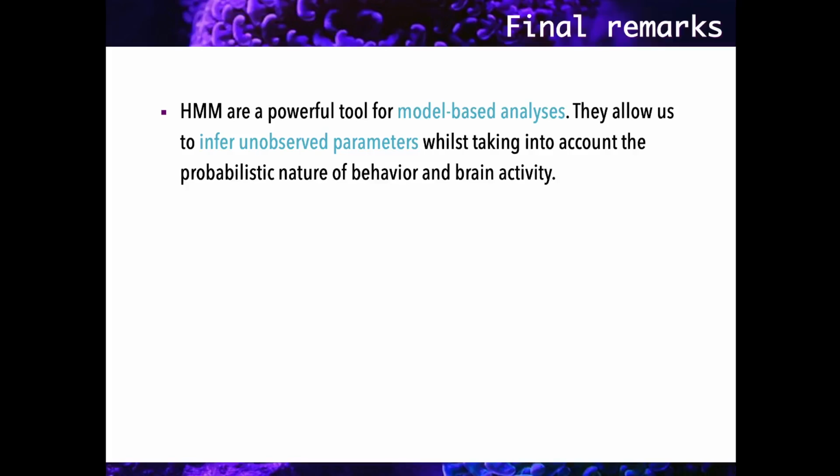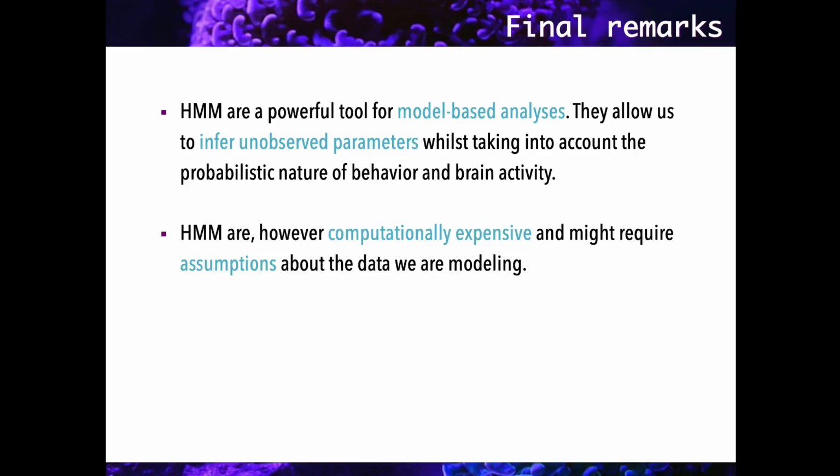I've shown you that hidden Markov models are a very powerful tool for model-based analysis, because they allow us to infer these unobserved parameters and states while also taking into account the probabilistic nature of not only behavior but also brain activity that we might want to model.